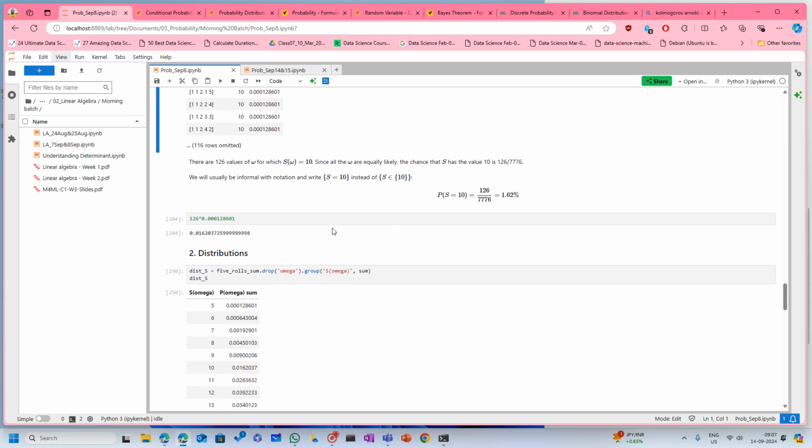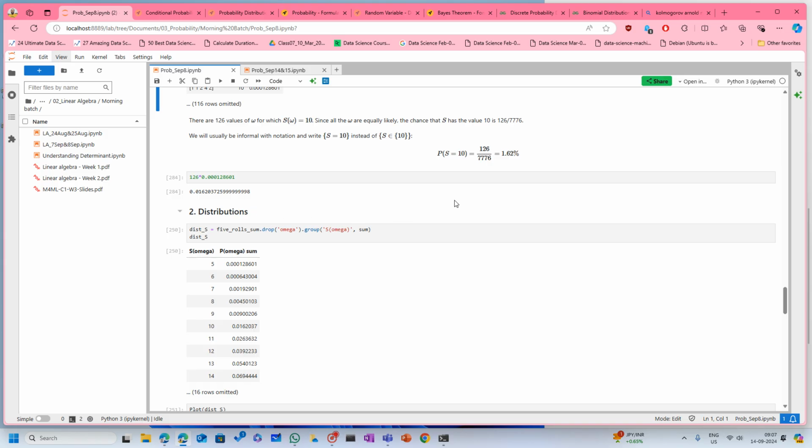Now for the above example, because we rolled the dice 5 times, we had 7,776 possible outcomes, and to that we started asking how many times will I get the sum as 5, how many times the sum as 6, how many times the sum as 7.